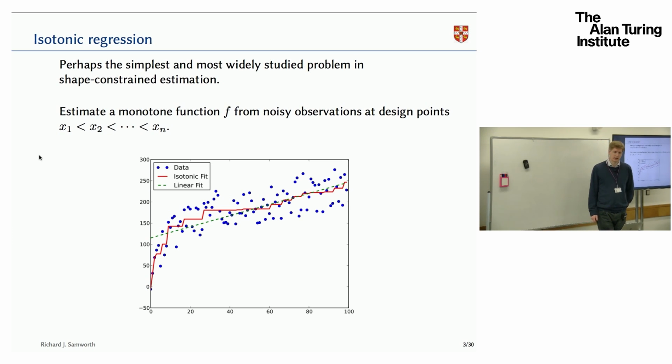So people like to look at problems like estimating regression functions or density functions in a non-parametric way, but under qualitative shape restrictions. This would be a contrast to more typical methods and analyses that are based on smoothness assumptions.